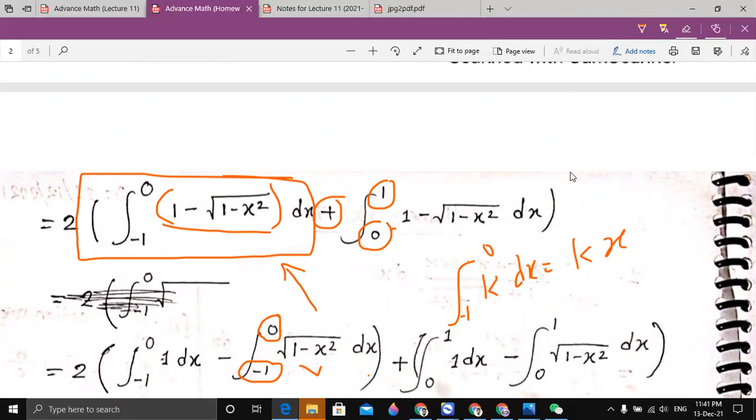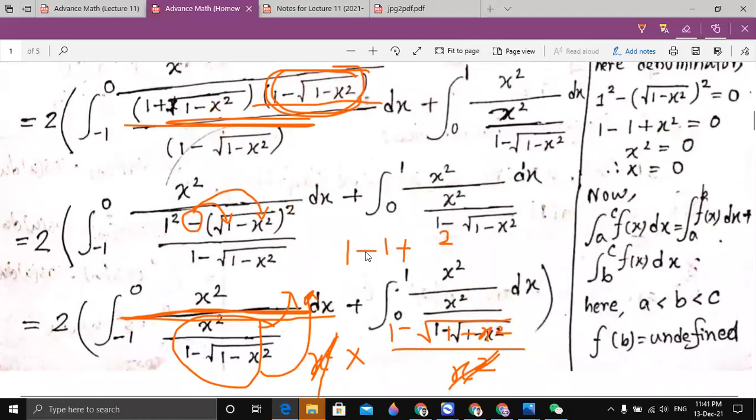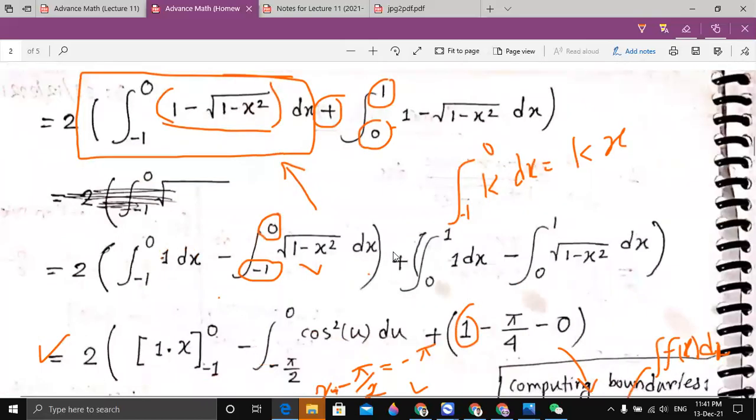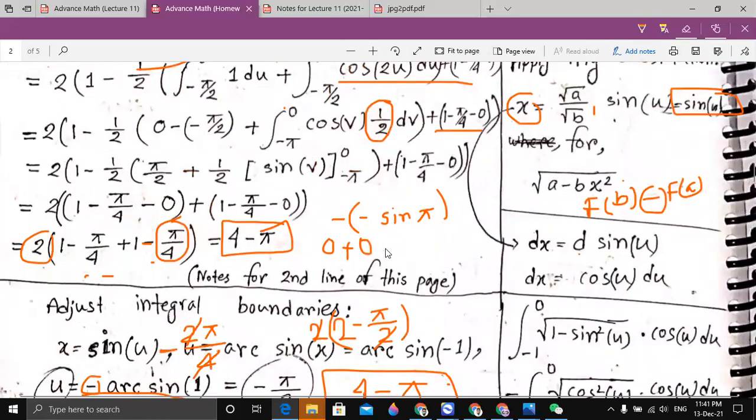No problem. 0 to 1. It is minus pi by 4 plus 1. So the result is also minus pi by 4 plus 1 in Symbolab, the integration from 0 to 1. So let me see why this is similar.